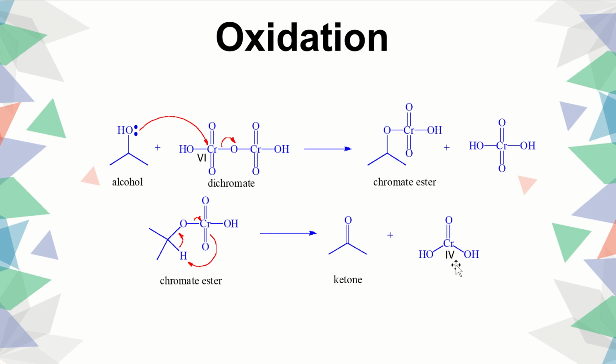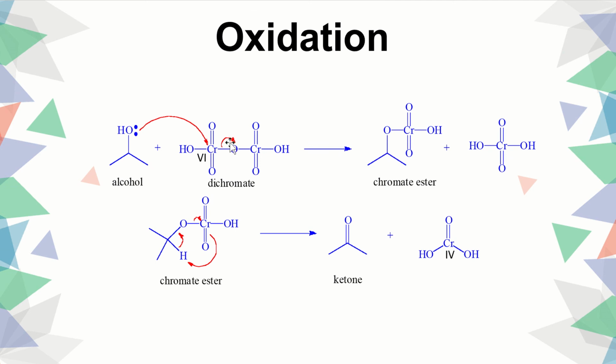So clearly the chromium is being reduced, even though it is an oxidizing agent. So it oxidizes the alcohol to the ketone while itself is reduced from chromium 6 to chromium 4. So the mechanism starts off from the oxygen to the chromium.